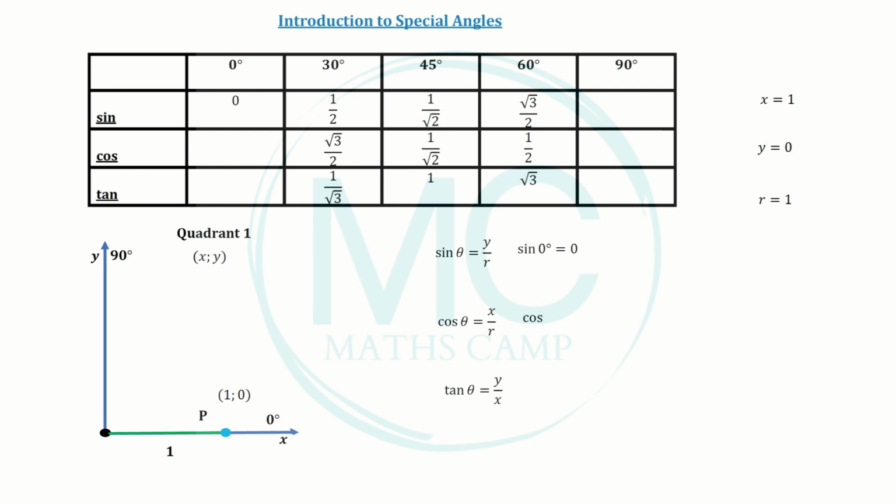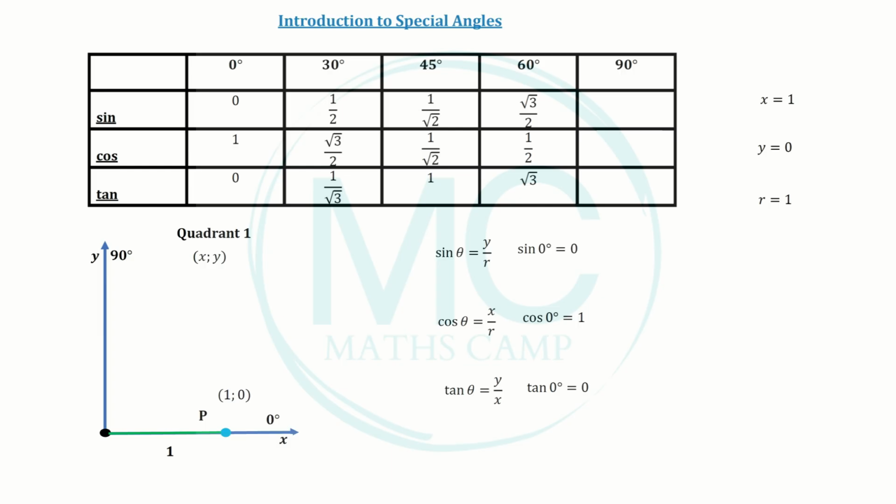So we say cos 0 degrees is equal to the value of x, which is 1, over r, which is also 1. This leaves us with 1. Let's put this value into our table. Finally, let's look at tan. So we say tan 0 degrees is equal to the value of y, which is 0, over x, which is 1. And 0 over 1 is simply 0. And we can put this into our table as well.